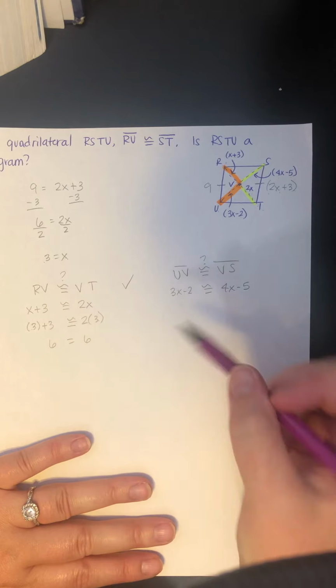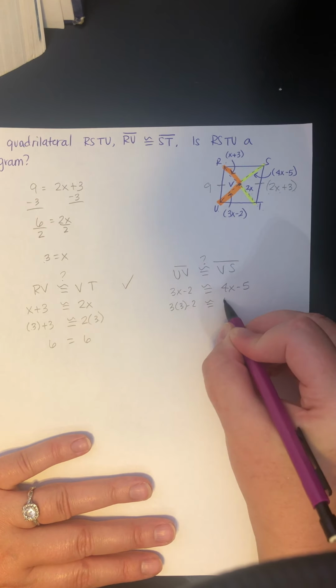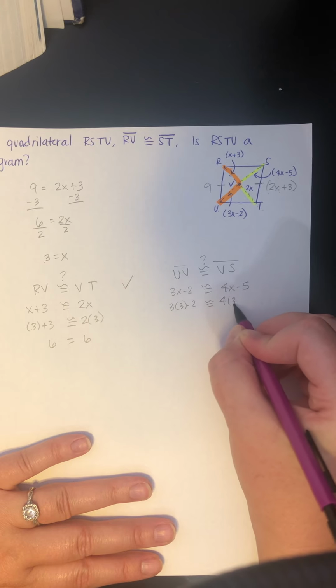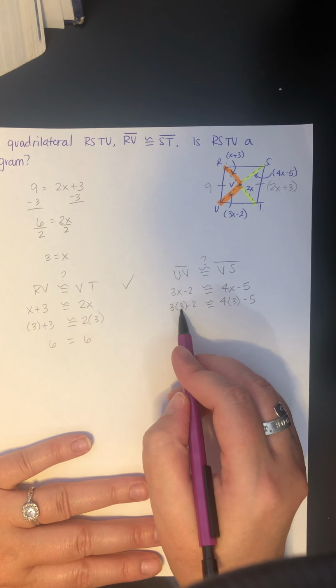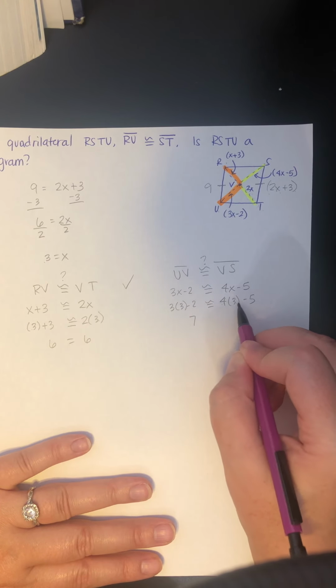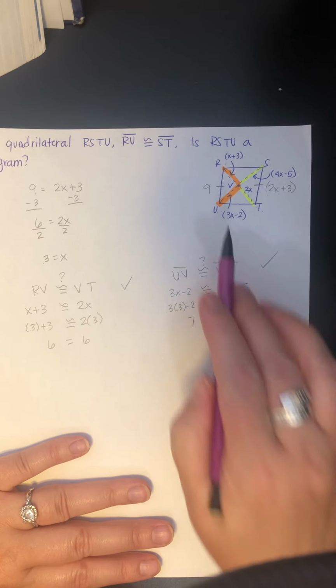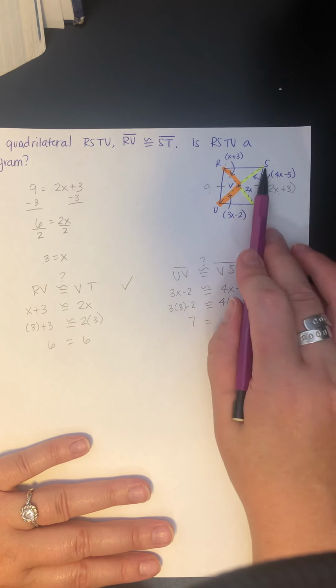We know what x is, it's 3, we'll plug that in. Three times 3 is 9. 9 minus 2 is 7. 4 times 3 is 12. 12 minus 5 is also 7. So yes, UV is congruent to VS.